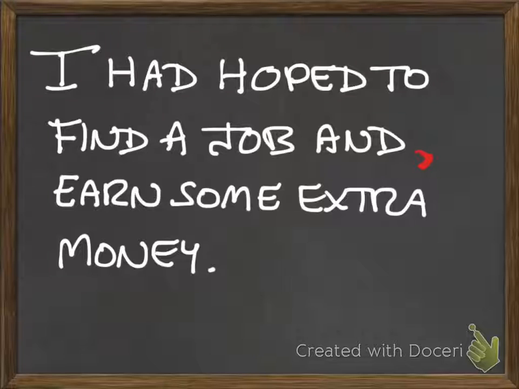And generally, you don't do that. In a straightforward sentence like this, there should be no comma. I had hoped to find a job and earn some extra money. And you can hear there's a flow there, right? It makes sense. In this case, the second part of the sentence is a dependent clause, so there's no comma before the and. But there almost always should not be a comma after that coordinating conjunction.